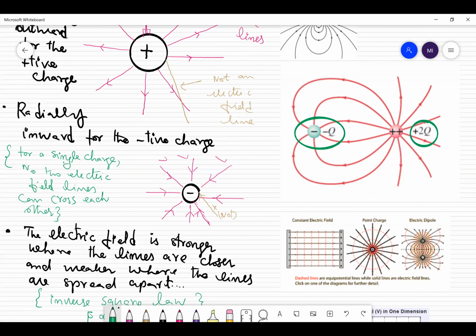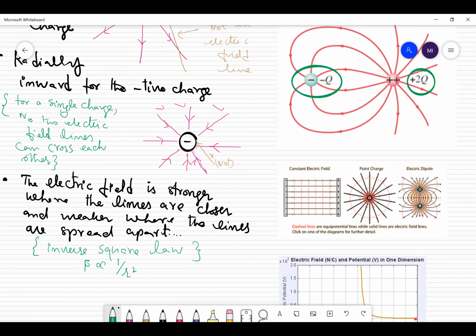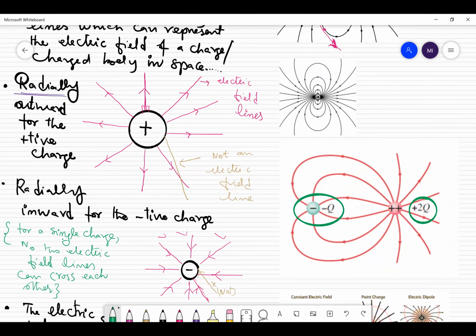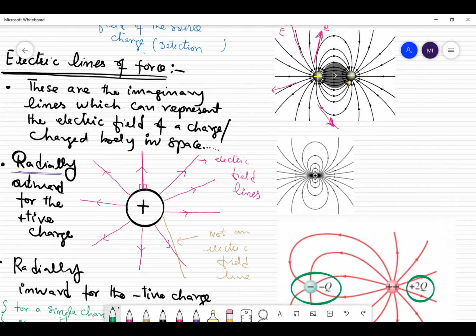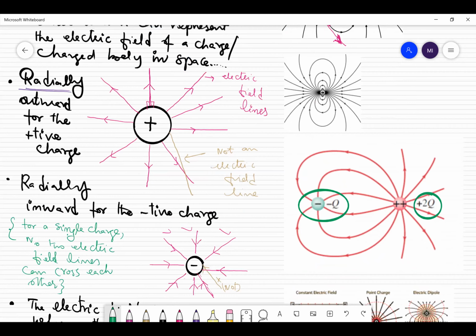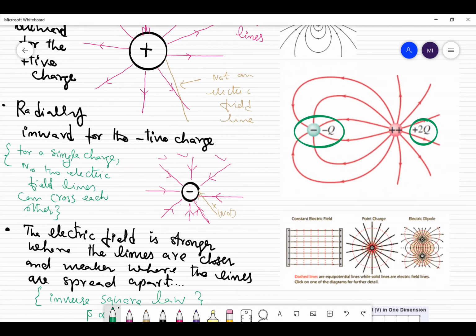Another important point about the electric field lines is that in the previous cases, the electric field was variable in all the cases: due to a point charge, due to an electric dipole, two similar charges, and so on. But due to two oppositely charged plates, here the electric field is constant, a uniform electric field.